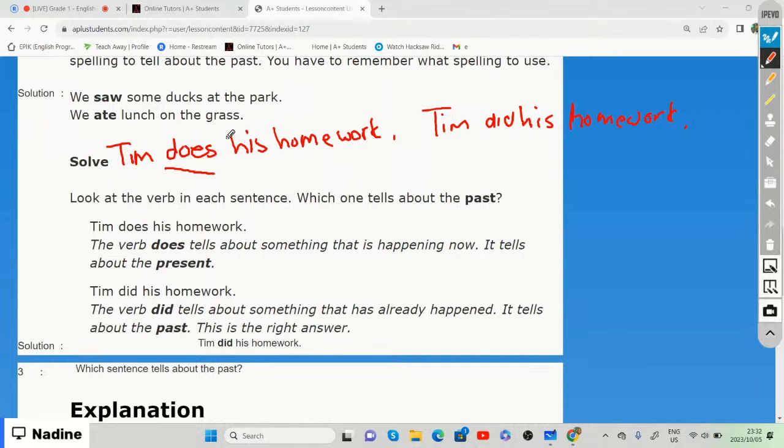But if he did something already, then we can say did. Tim did his homework. And did is basically in the past. That shows the past. So does and did.